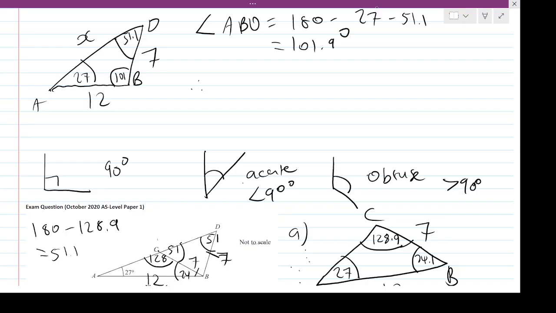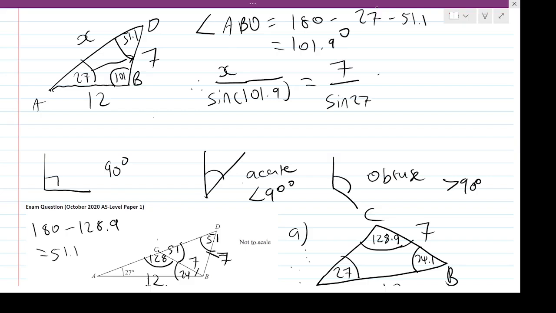I could say the length x over the opposite angle to it, which is sine of 101.9, which we worked out, is going to equal another pair of opposite angles and sides. We can take this 7 and angle 27. So 7 is the side over the sine of 27, which is the opposite angle.